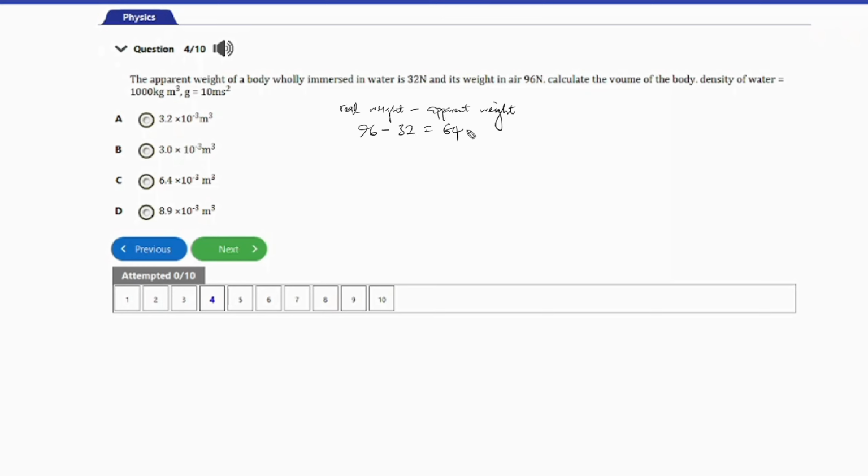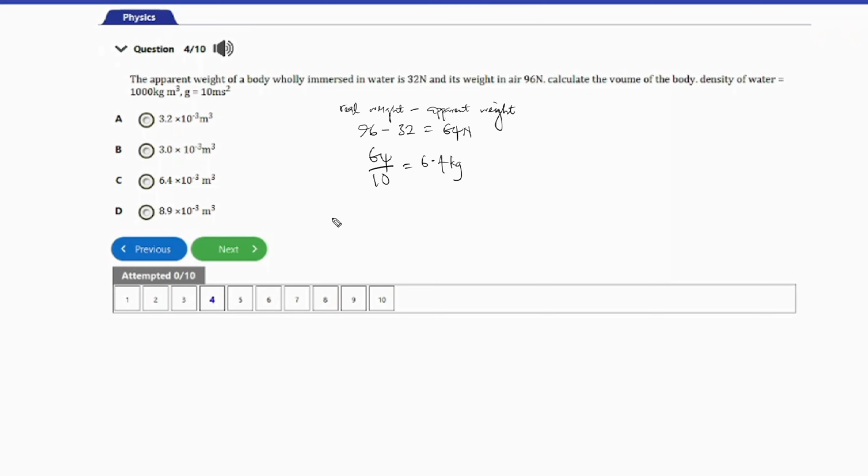But guys, since we have 64 newtons here as the weight, the mass is going to be the weight over the acceleration due to gravity. So that's 64 over 10, and that will give us 6.4 kilograms here.